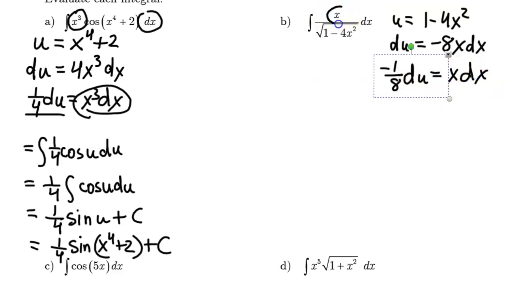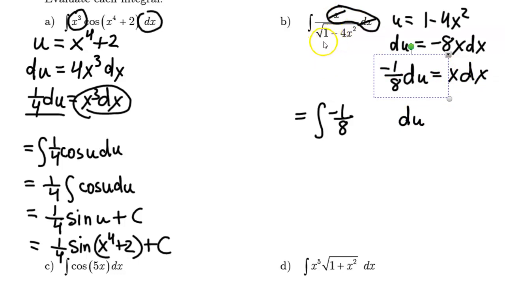Okay, so here's my x dx. So I can replace that part of the integral with negative 1/8 du. So I'll do that right away. So negative 1/8 du. Okay, so that piece is my x dx, so I've covered this and I've covered that.